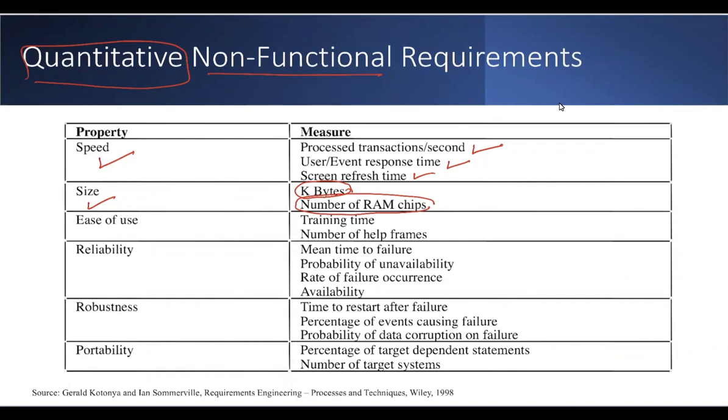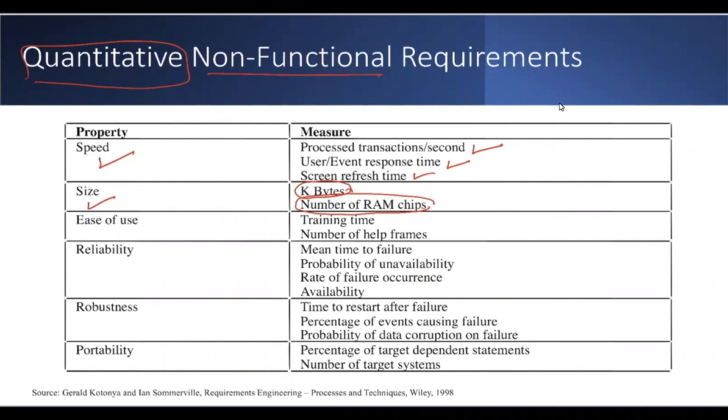Ease of use could be quantified using the training time and the number of help frames. Reliability could be quantified using the mean time to failure, the probability of unavailability, the rate of failure occurrence, and availability. Robustness of a system could be quantified using the time to start after failure, the percentage of events causing failures, and the probability of data corruption on failures.